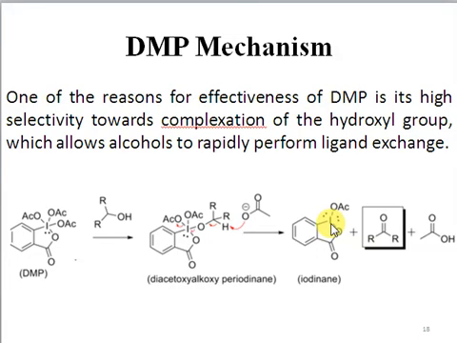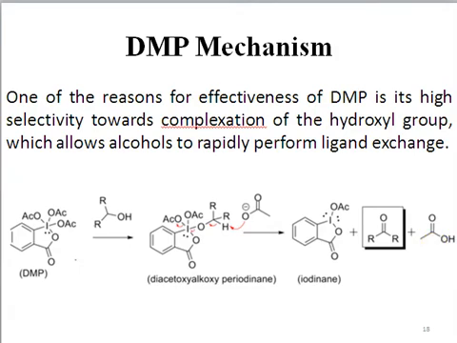What we have got is our ketone or aldehyde, and we have got acetic acid because of that acetoxy group. When the acetoxy group picks up a proton, it gets converted into this carboxylic acid. This is acetic acid here. So that's the mechanism for DMP.